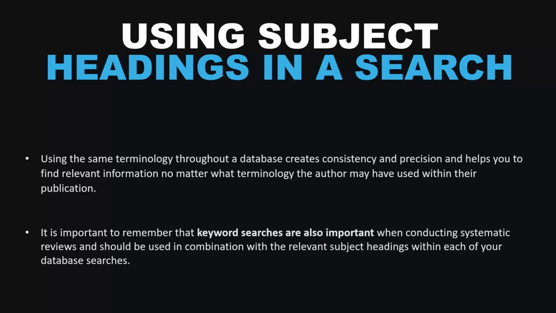Using the same terminology throughout a database search creates consistency, precision, and helps you to find relevant information, no matter what terminology the author may have used within their publication. It's important to remember that keyword searches are also extremely important when you're conducting a review, and should be used in combination with relevant subject headings within each of your database searches.